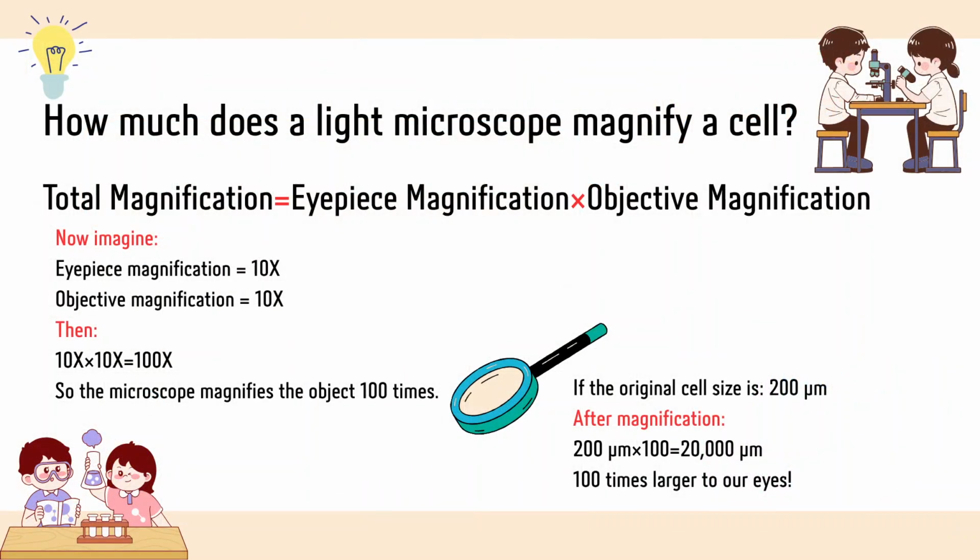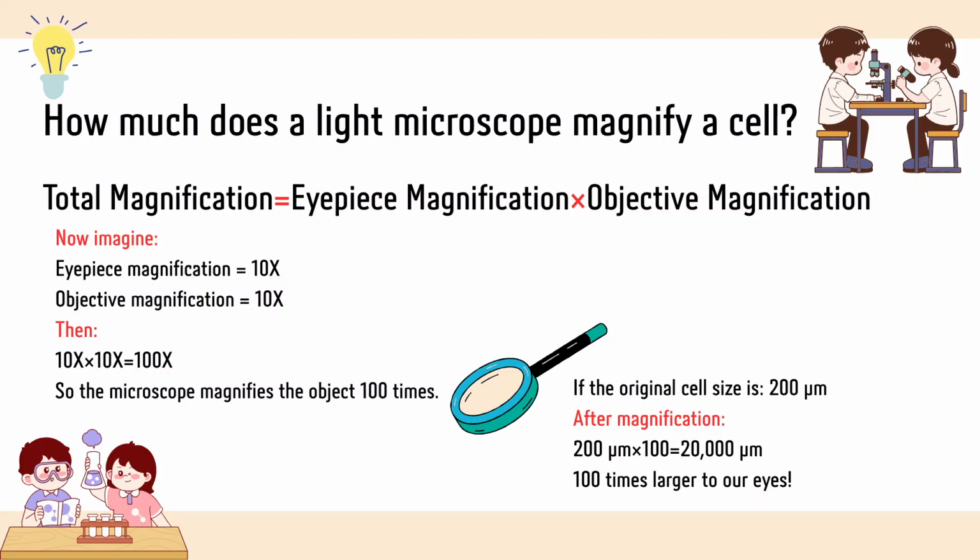The total magnification of a microscope depends on two lenses, the eyepiece lens and the objective lens. The formula of total magnification is equal to eyepiece magnification into objective magnification. If both the eyepiece and the objective lens have a magnifying power of 10 times, then 10 times into 10 times is equal to 100 times.